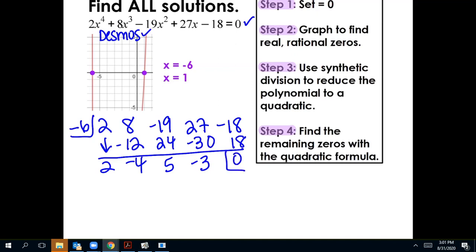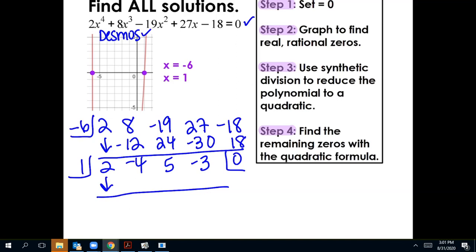I love synthetic division. I think of it like a little puzzle, a little game. Well, I think it's fun anyway. So what we do next, we haven't done this yet, but we put the next 0 on the line with the coefficients that we got after our first round of synthetic division. And now we're going to divide this polynomial by x minus 1, synthetically again.